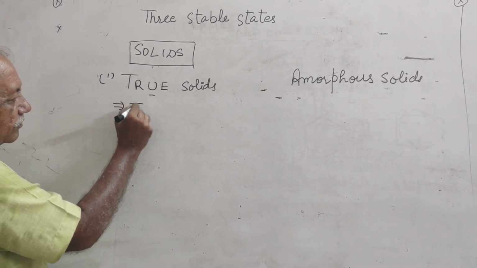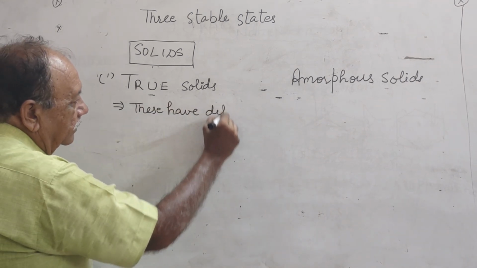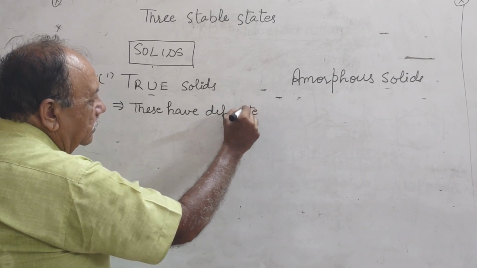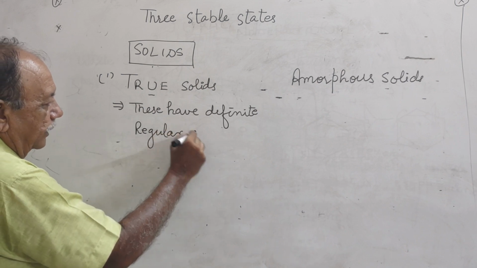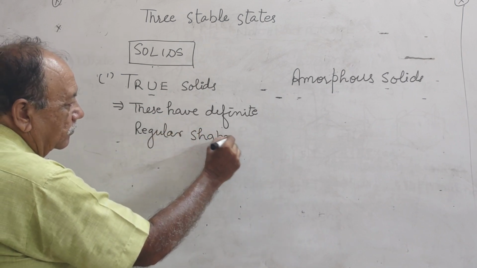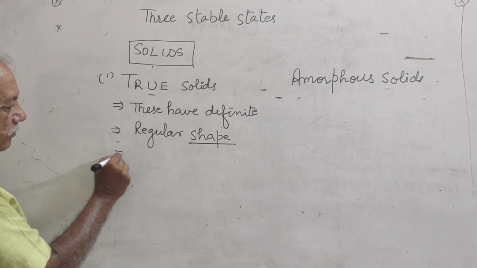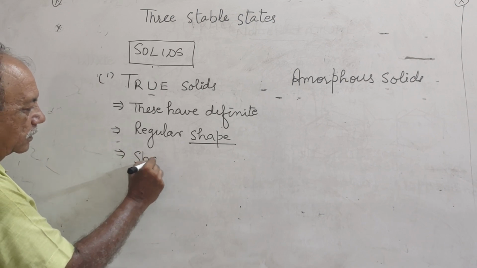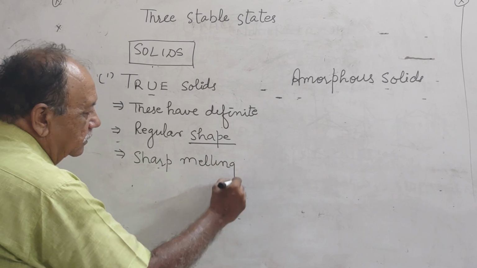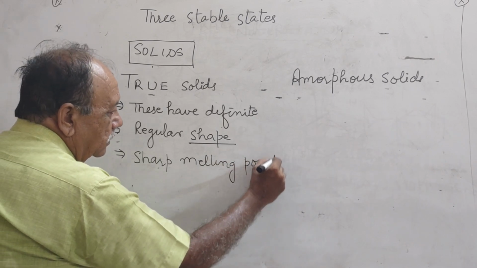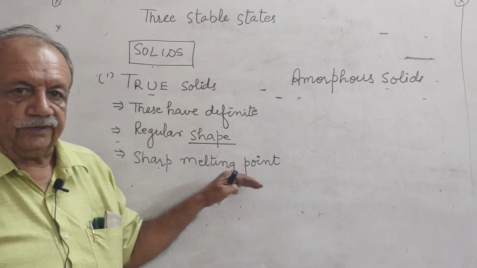True solids have definite regular shapes. They have a sharp melting point. What is a sharp melting point?